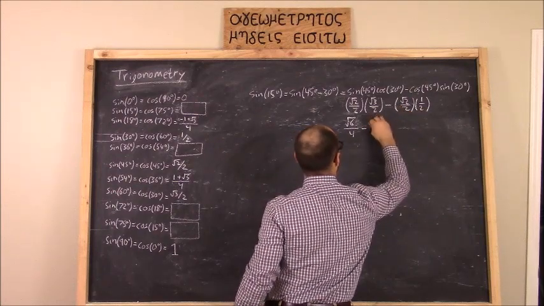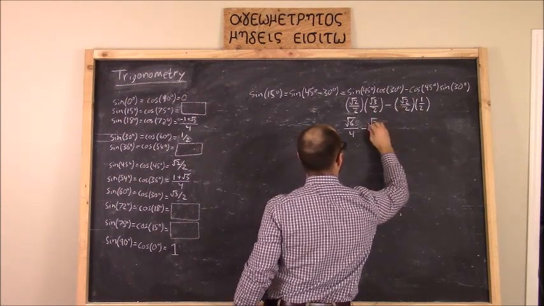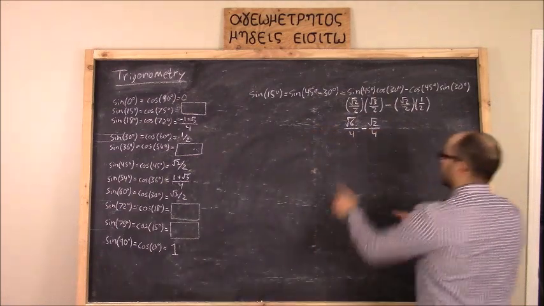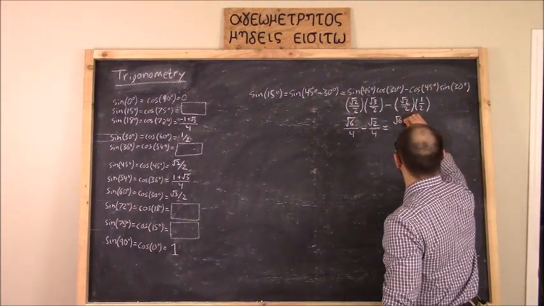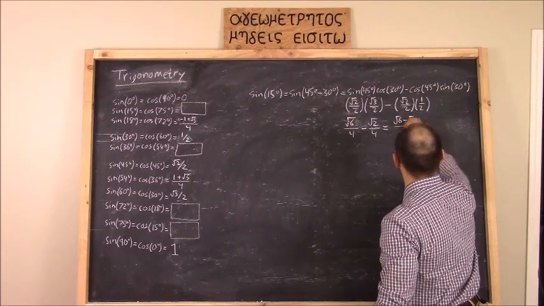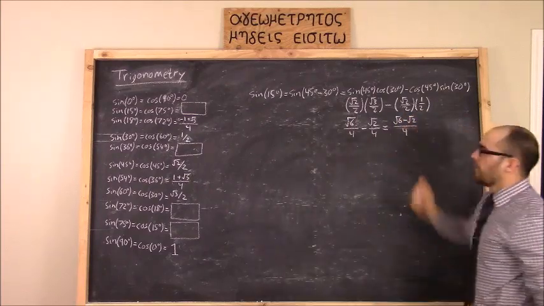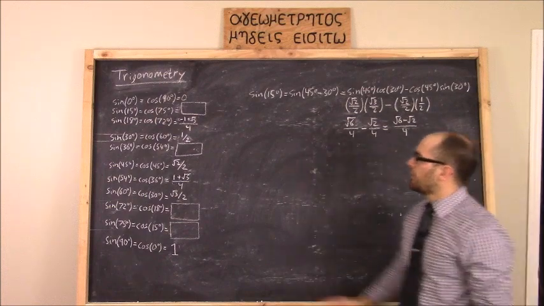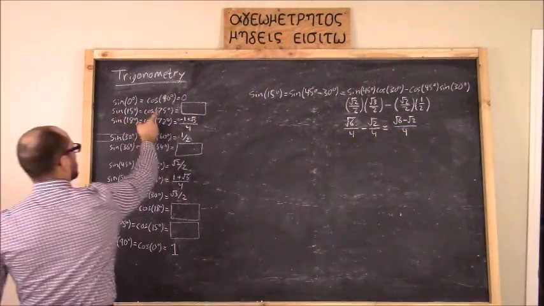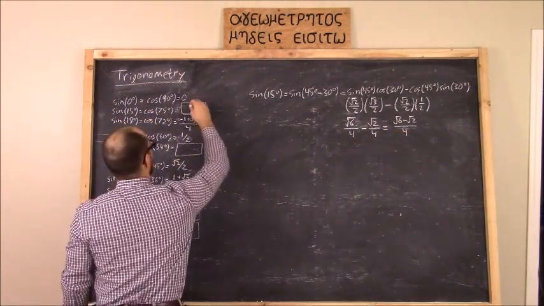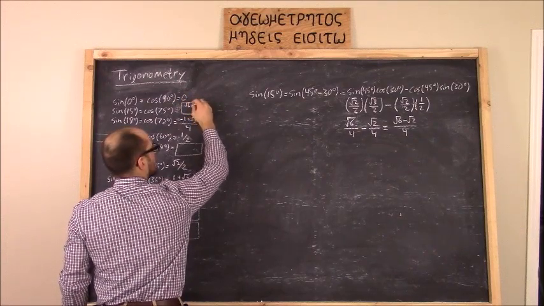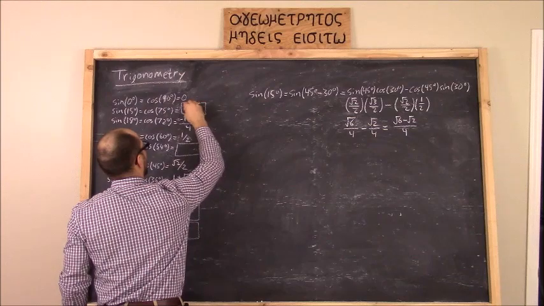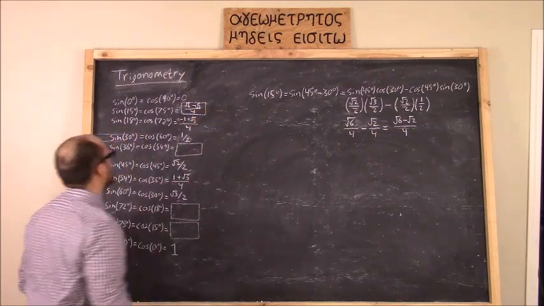Root 2 times 1 is root 2. 2 times 2 is 4. We have a common denominator, so I can simplify root 6 minus root 2 divided by 4. That is sine of 15 degrees. It's also cosine of 75 degrees. So I'm just going to fill this in. Root 6 minus root 2 divided by 4.